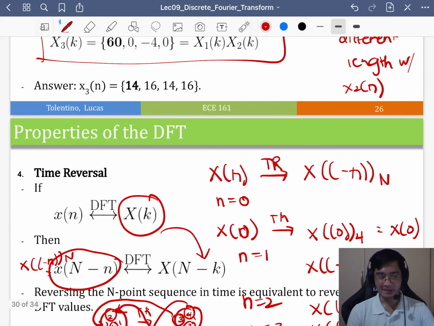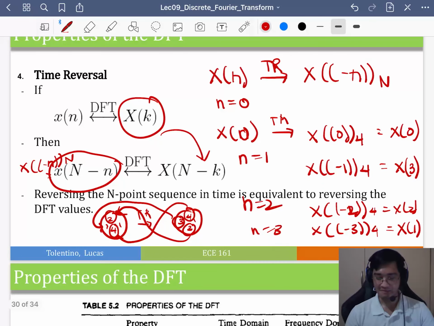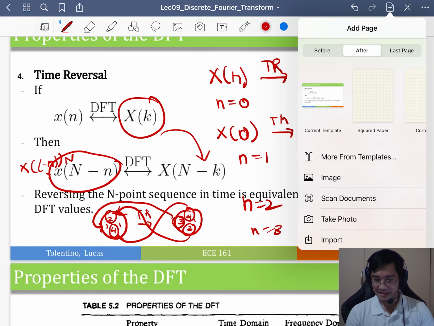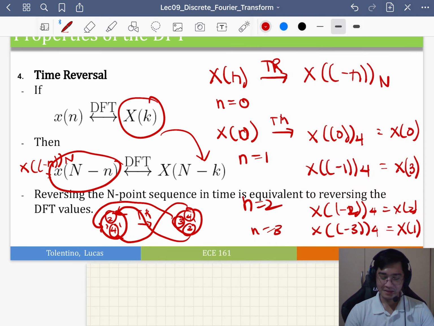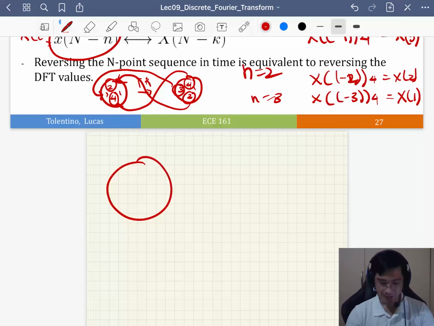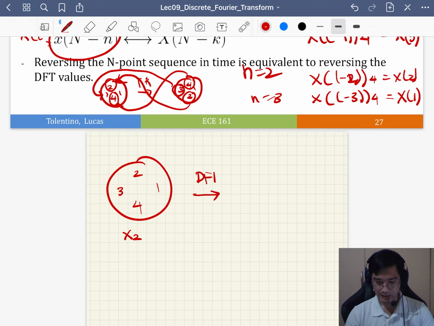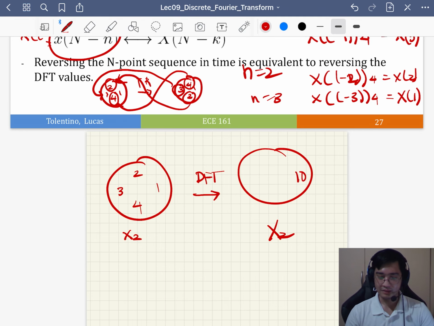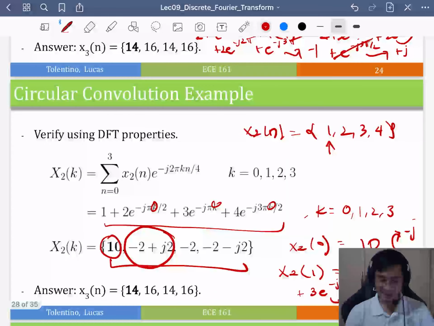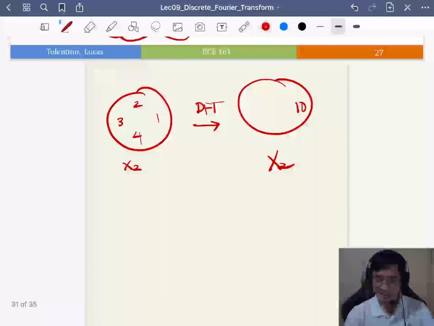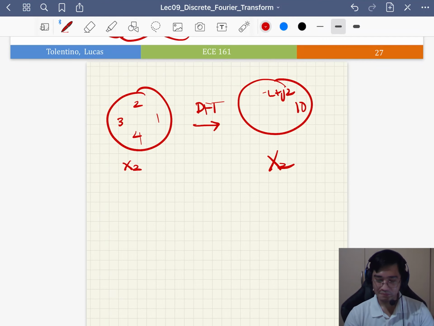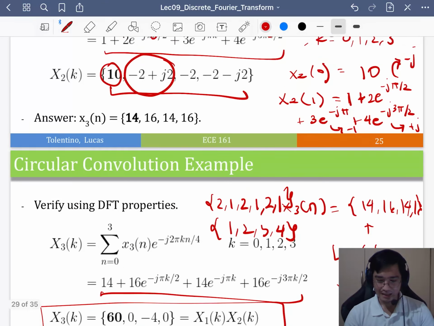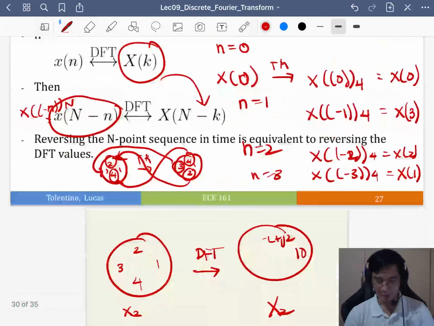For example, for 1, 2, 3, 4, which is x2, the DFT is 10, negative 2 plus j2, negative 2, and negative 2 minus j2.